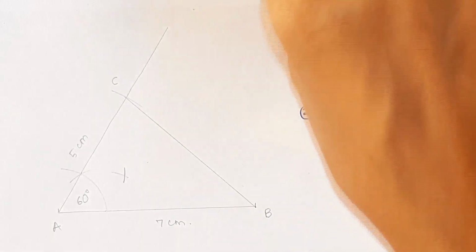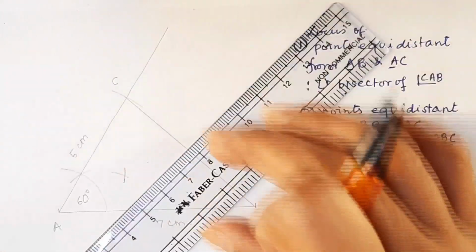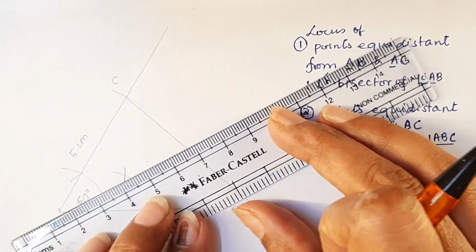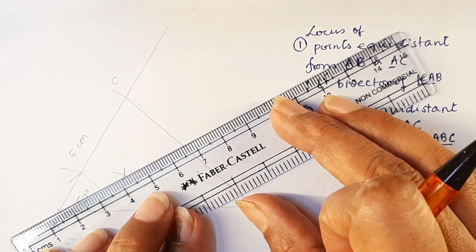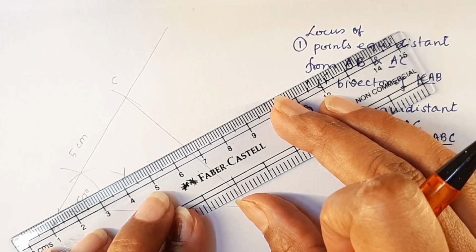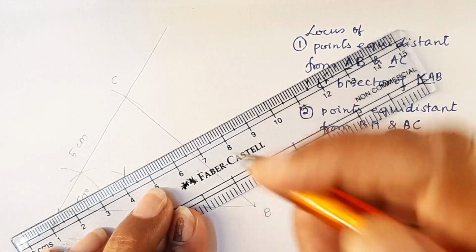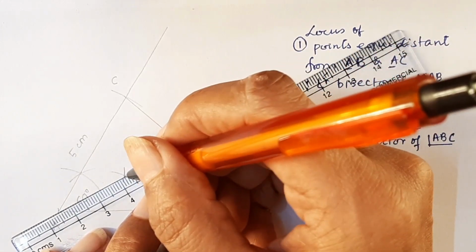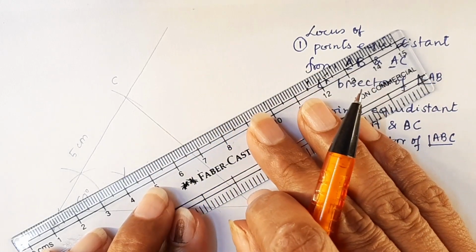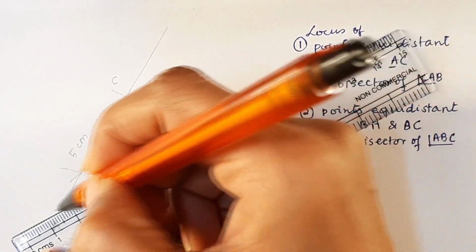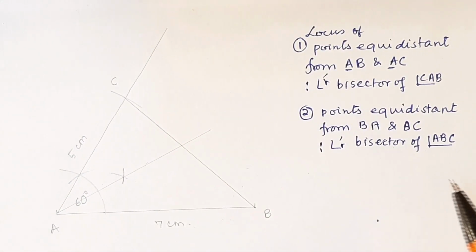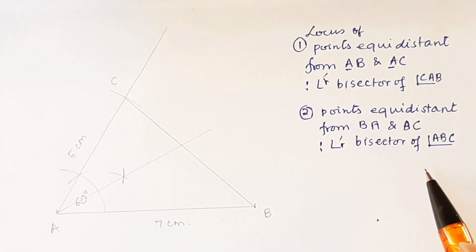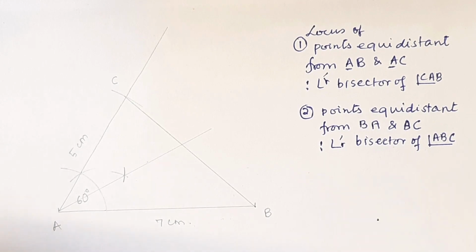And now let us join point A and this point of intersection. Now we have to be very careful because we have to draw the incircle at the end of it. So we take exactly the point of intersection. There. Now that becomes our angular bisector of angle CAB.